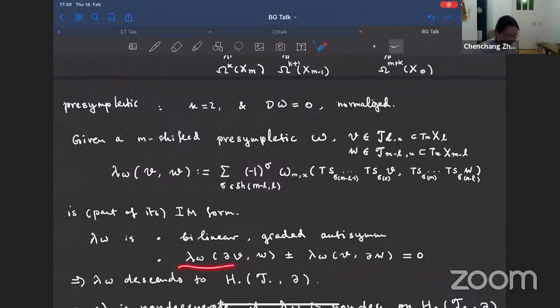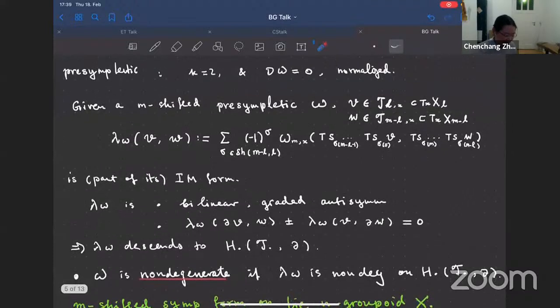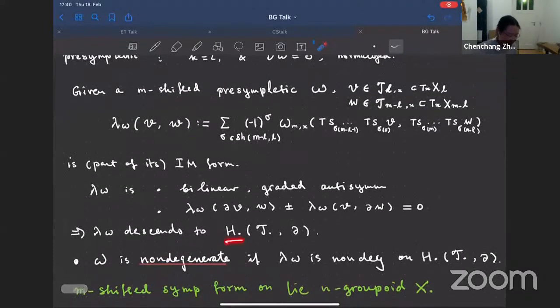Once we have this condition, we see that this form does not only live on the tangent complex, but it also descends to the homology, and it's important for this BG example to verify that Segal's form is non-degenerate, to descend to the homology. And so omega is non-degenerate if this IM form is non-degenerate on this homology.